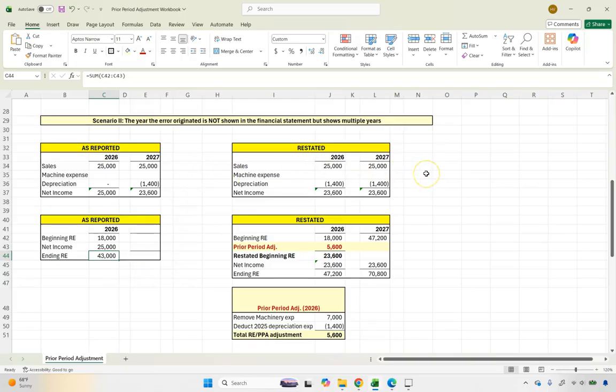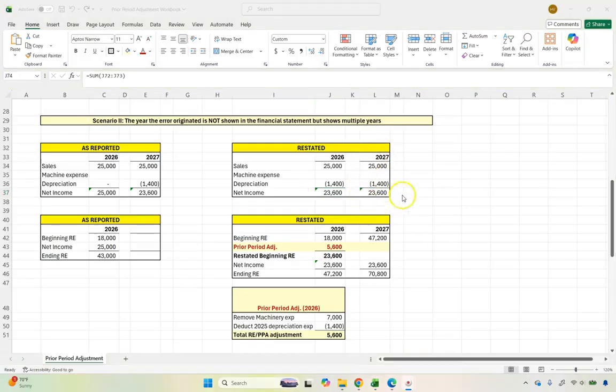And now it's 2027 and we've discovered this error. So when we report our financial statements with only 2 years' worth, we report our sales on our income statement of 25, depreciation expense of 1,400, and net income of $23,600.